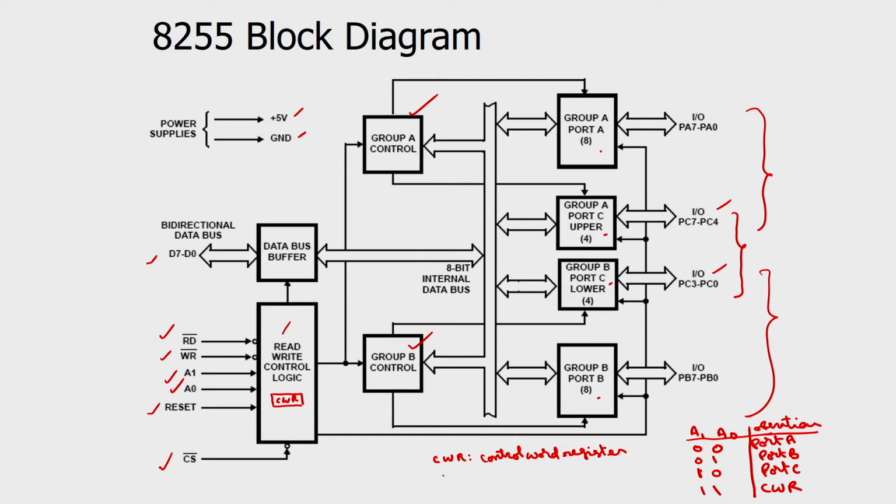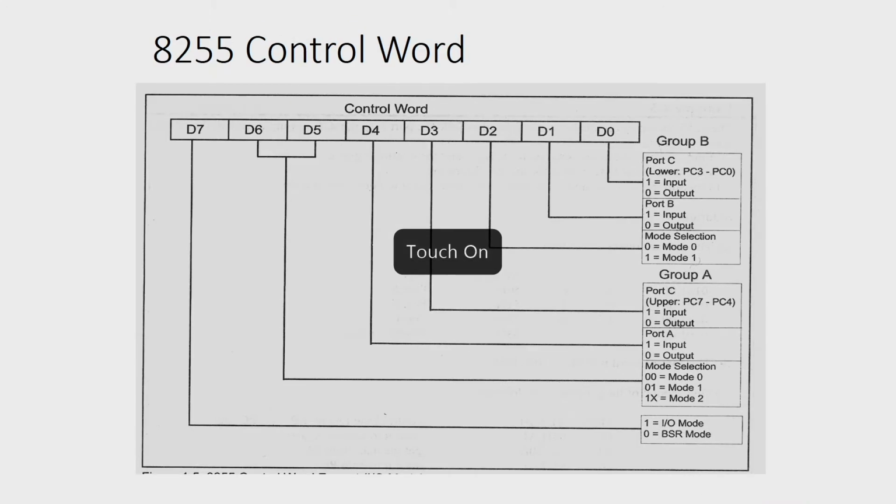Okay. So, the control word register is an 8-bit register. The format of this control word register is as follows. So, we have this D0 LSB bit, which is used for port C. You can program port C lower, which is PC3 to PC0, as either input port or output port.